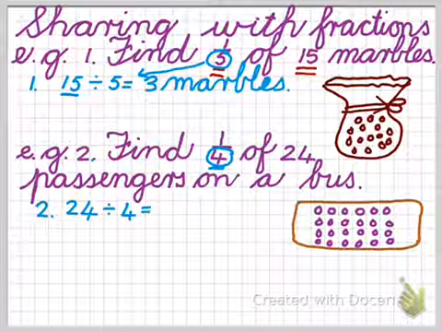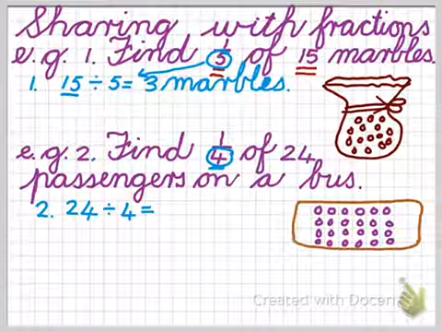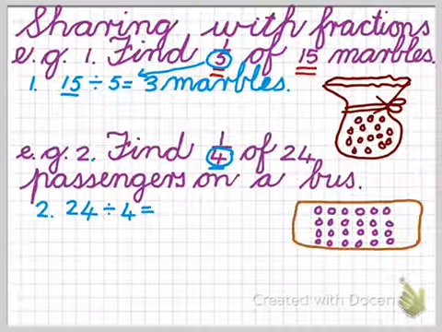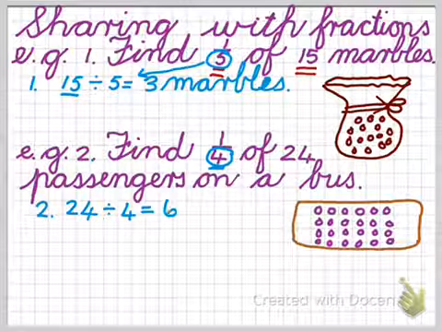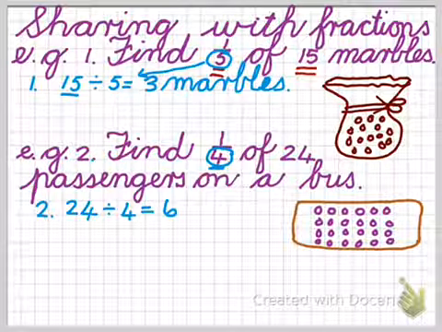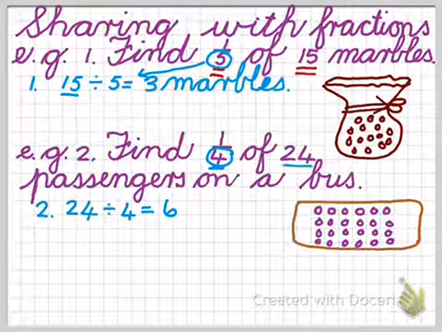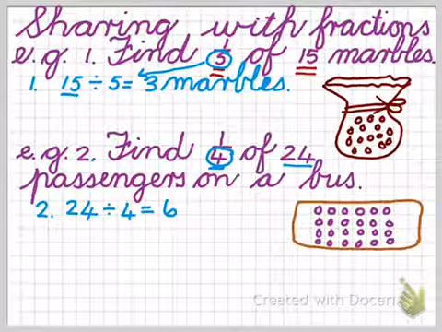And that then is going to give us, let's think of our tables again. We know that 4 times what is 24? That's right, it's 4 times 6 is 24. So now we know that there will be then in 1/4 of the 24 passengers, there will be 6 passengers.